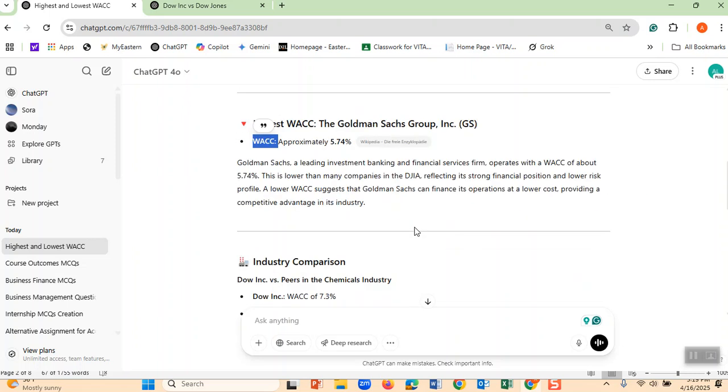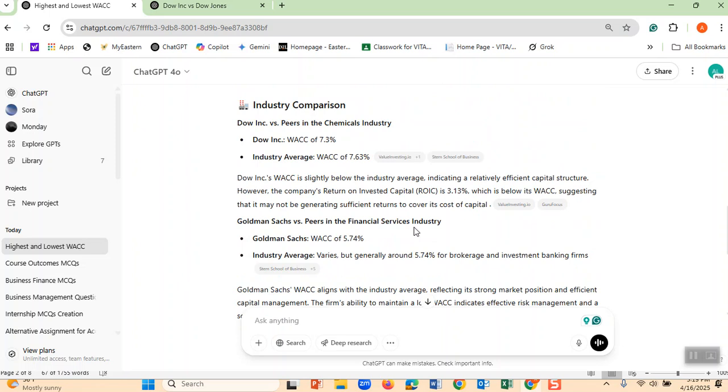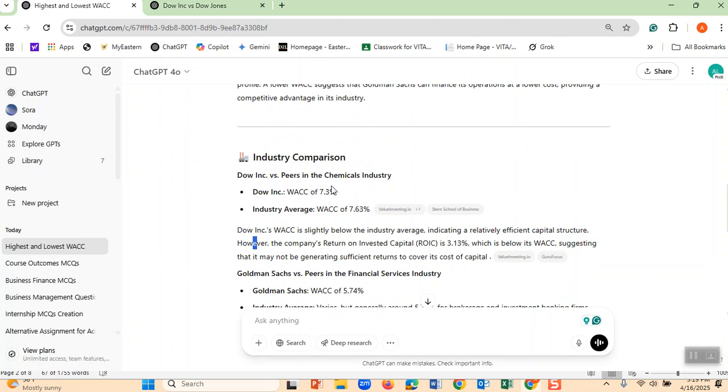And I asked ChatGPT to compare this with the industry, to see which one of them is doing better than the industry. If you look here, Dow Jones, its weighted average cost of capital is 7.3%. Another chemical company, let's say DuPont, is another chemical company.